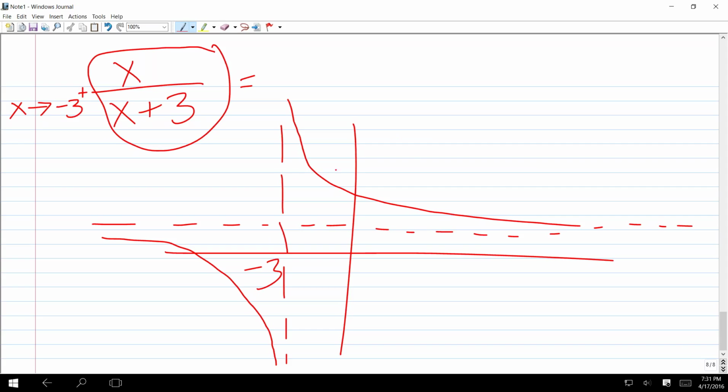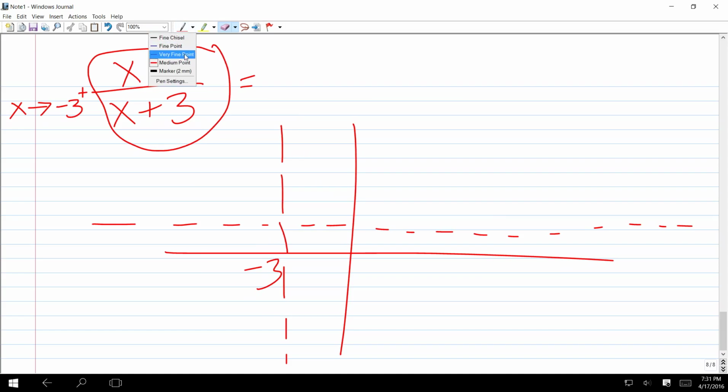And the way to view this, I should have drawn the function in a different color than red. Let me do that, just because it's a little clearer. So this is my function.